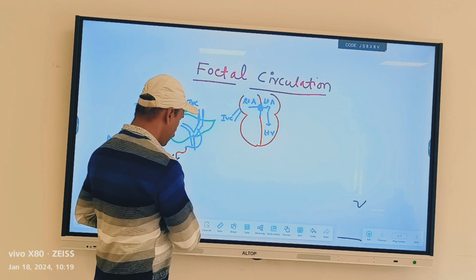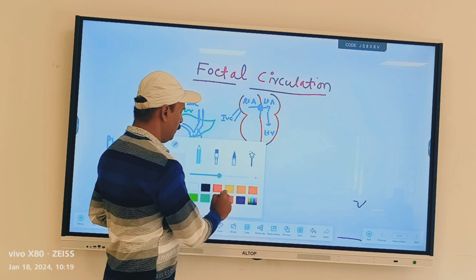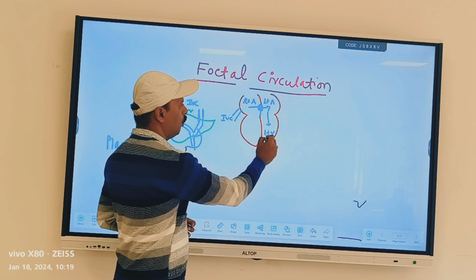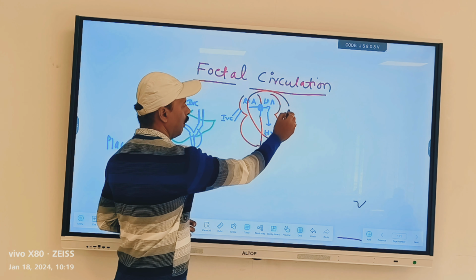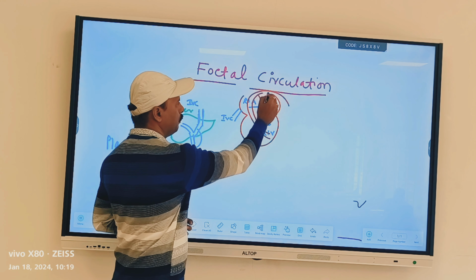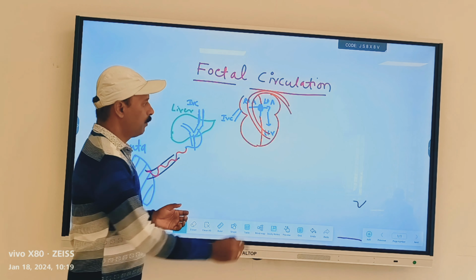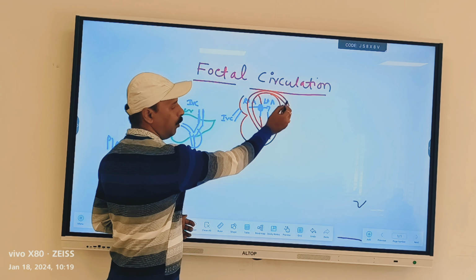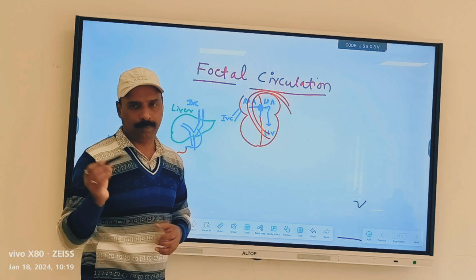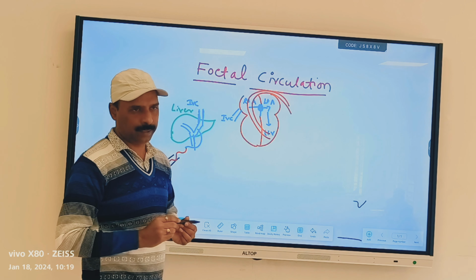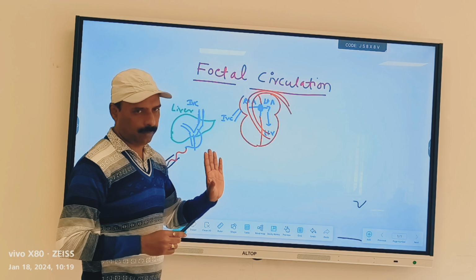From the left ventricle, the aorta begins. Have you understood? So from the left ventricle, blood goes to the aorta, and the neck part and the remaining part of the body are supplied by the branches of the aorta.